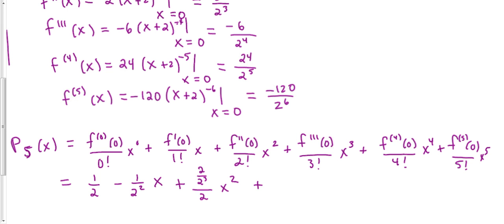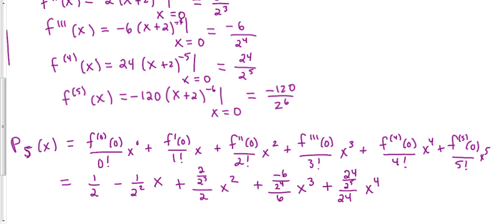My third derivative evaluated at 0 is negative 6 over 2 to the 4th divided by 3 factorial, which is 6, times x cubed. My fourth derivative evaluated at x equals 0 was 24 over 2 to the 5th divided by 4 factorial, which is 24.